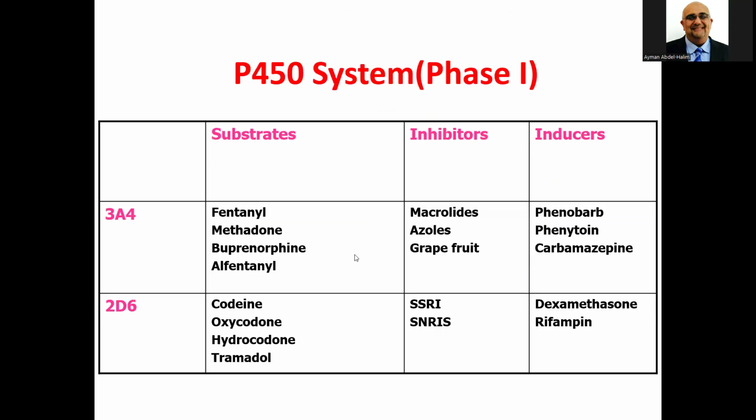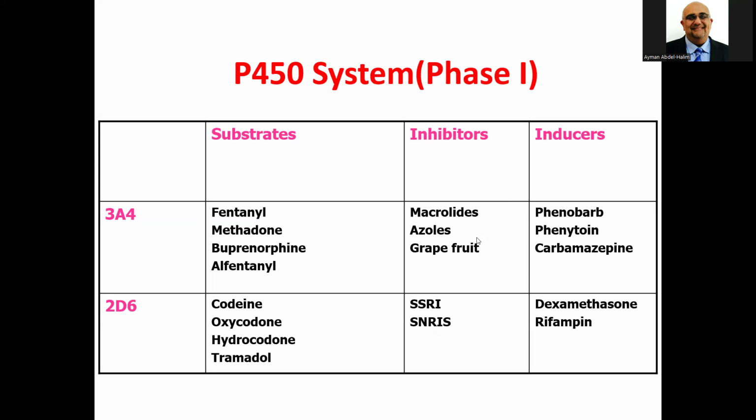So drugs that are metabolized by the 3A4 are fentanyl, methadone, buprenorphine, alfentanil, and most of these drugs. They give inactive metabolites after being metabolized by the 3A4. These are the inhibitors and these are the inducers.